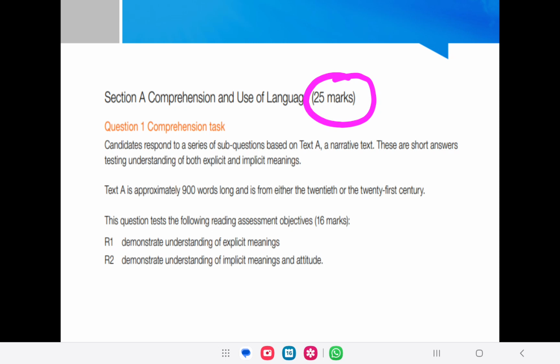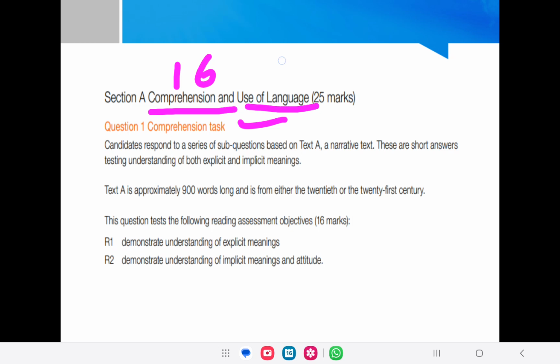In this, we have 2 different tasks. One is the comprehension task, which has 16 marks. The second is the use of language task, which has 9 marks. That makes it 25.